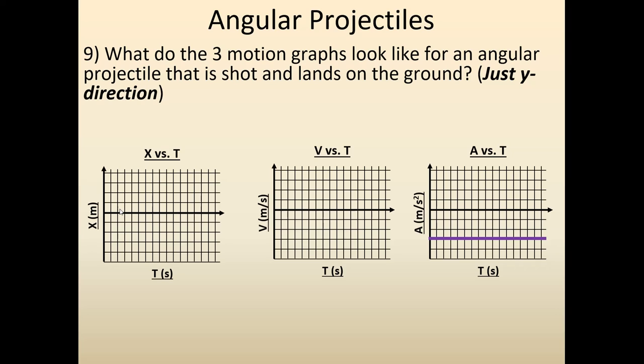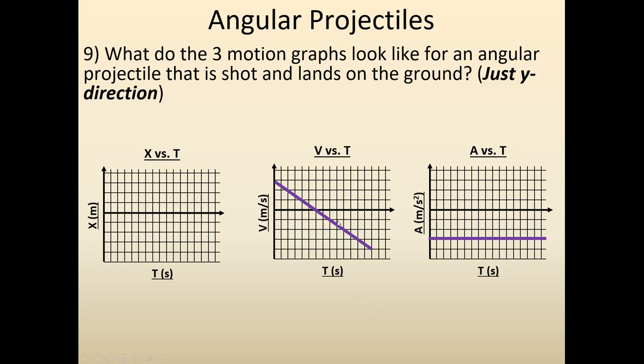Now when I go back to velocity, I have to use all my knowledge for this one. I know that the velocity is going to start in the positive direction because it's being shot upwards. If the velocity wasn't initially positive, it wouldn't go up. So my velocity is going to be initially positive, and since my acceleration is negative and constant, I know my graph should become negative and be a linear line, constant slope.